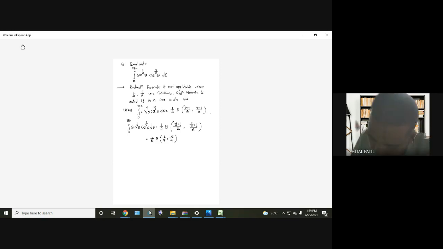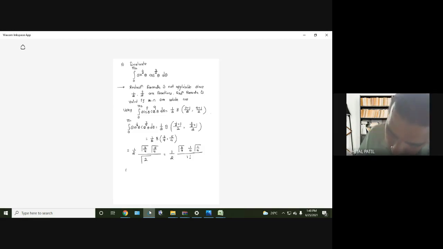Now convert this into gamma form. Let me write it from here. Gamma m, gamma n. Gamma 3/4 cannot be simplified as it is. Gamma 5/4 minus 1, 1/4, gamma 1/4. So gamma 2 is 1 factorial.